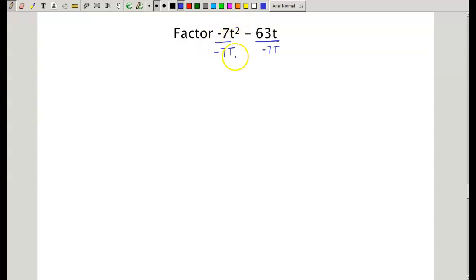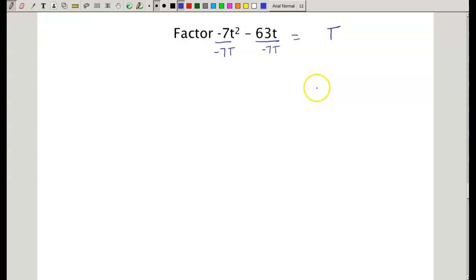The nice thing about that is that this first term will then become a positive term, and it's kind of nice just to have that first term be positive. It's not absolutely necessary, but it's kind of nice. So both of these can be divided by 7t or negative 7t, and now if I rewrote this, all right, so negative 7 over negative 7 is 1, t squared divided by t, right? That's just going to become a t. My exponent properties there.